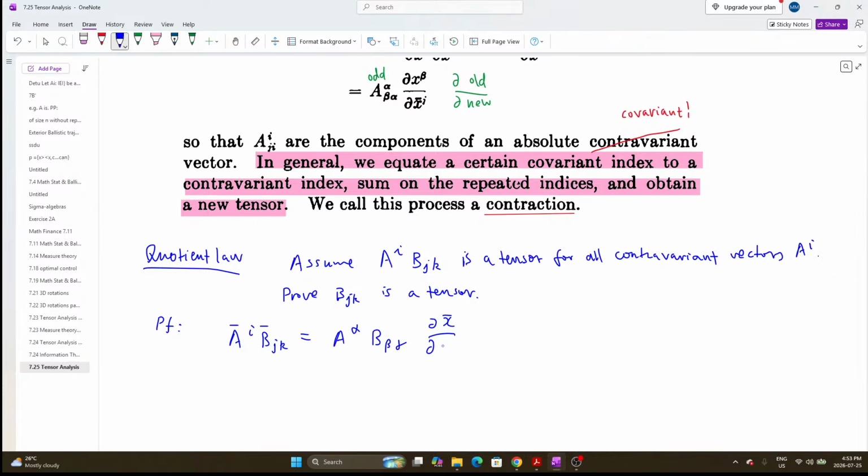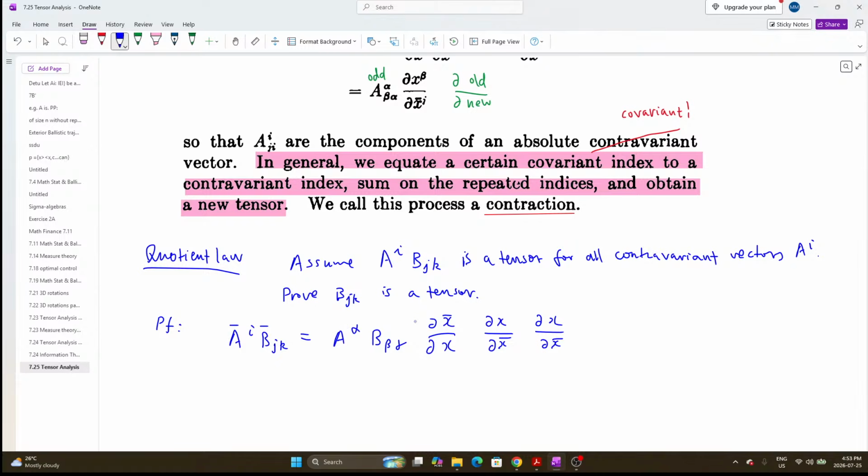I'll add the indices later. And then you have two indices downstairs, so two inverse Jacobians, d old over d new twice. And now add indices. IJK should be the new indices.